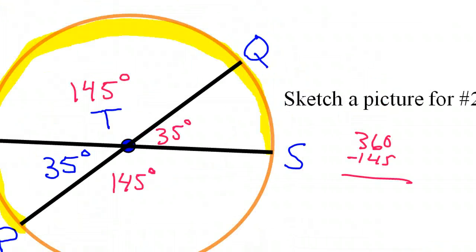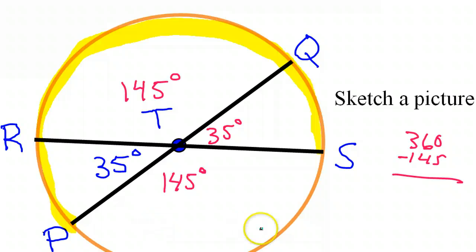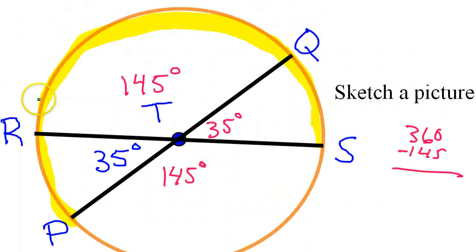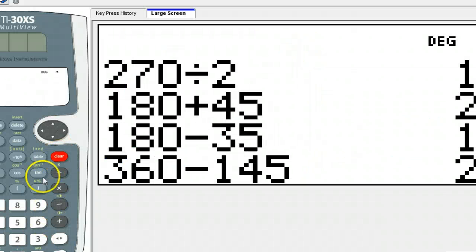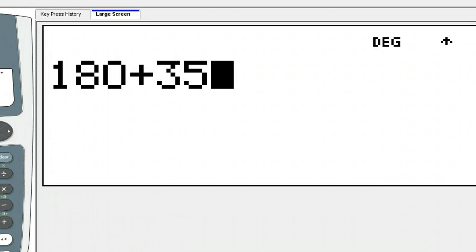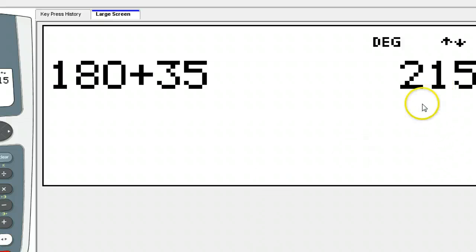Alright, I also could have looked at it as 180 degrees plus 35, because from S to R, that's a semicircle plus another 35 degrees. Okay, either way you get 215.